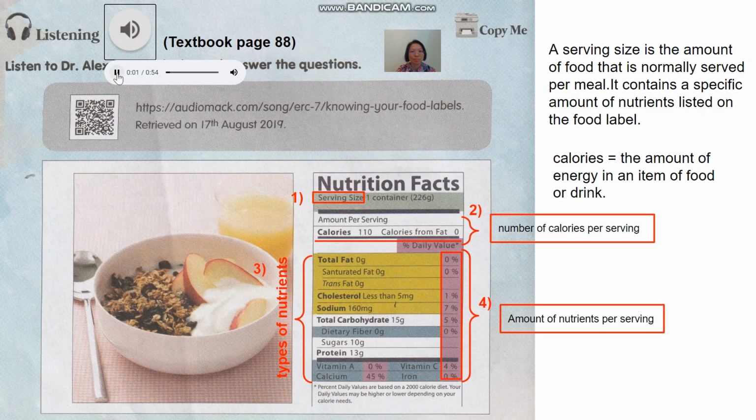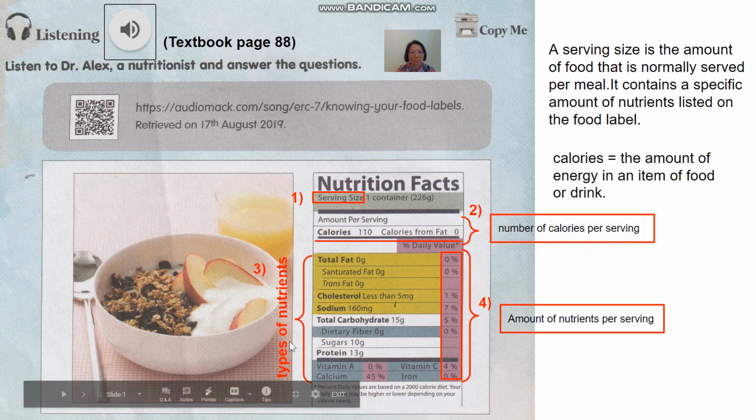Hello kids, look at the visual. This is an example of food label found on a cereal box. There are four important information you can get from it. They are serving size, number of calories per serving, type of nutrients, amount of nutrients per serving.